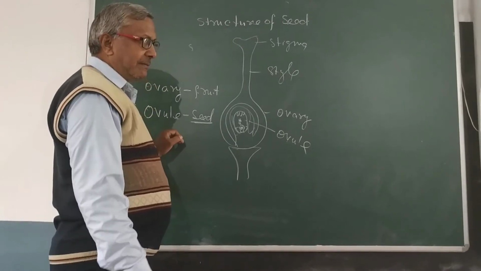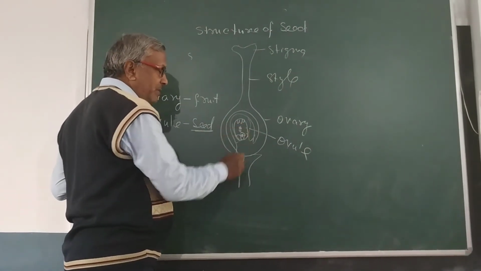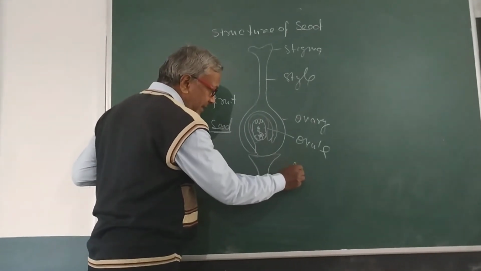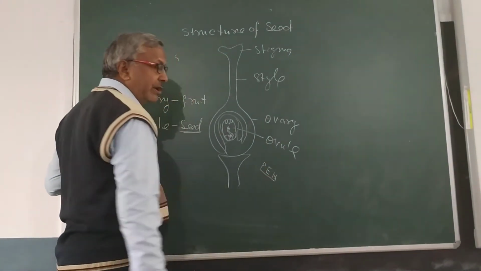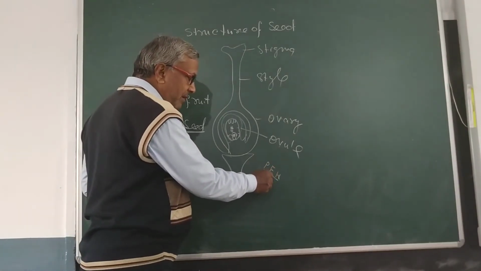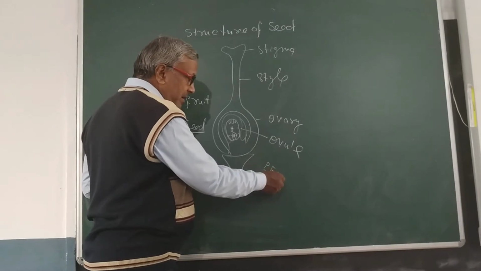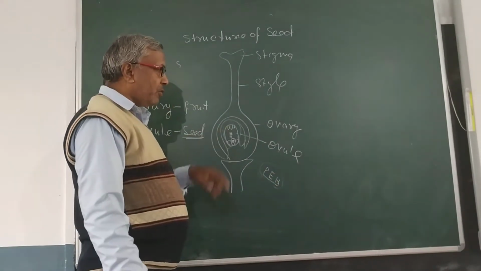After fusion with the male gamete, it will form primary endosperm nucleus, and this primary endosperm nucleus is going to develop into endosperm. Endosperm is the reserve food which is used for the developing embryo.